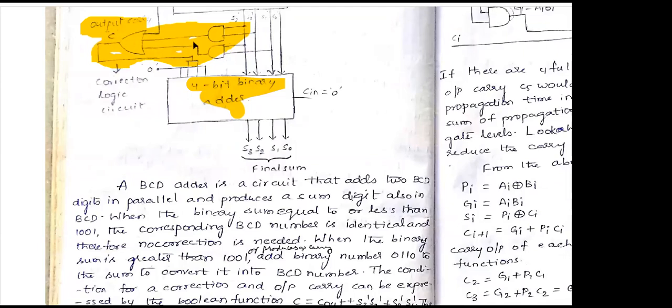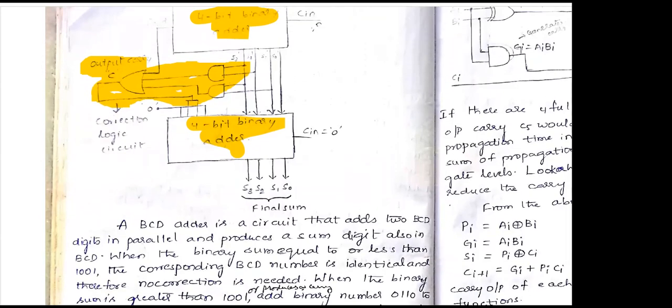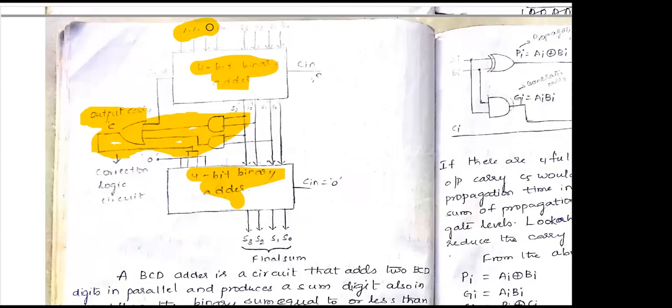Okay, how do we design the correction logic circuit? If the sum is greater than 9, here first A3 to A0 is added with B3 to B0. When adding these two, if the sum is greater than 9, or if you are getting any carry from this stage, then this circuit will perform the addition of 6, that is, this circuit will generate the output equal to 6. This 6 will be added with B, wherever it is required, that is S3 S2 S1.